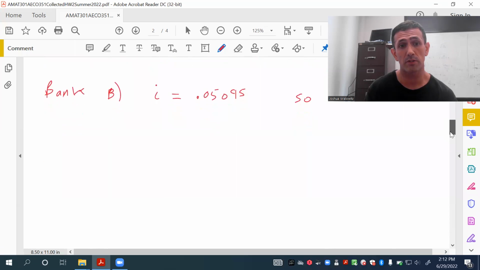Every 4 months is 3 times a year. We'll just use our formula for I3, or In in general. It's N times (1 plus I to the 1 over N, minus 1).